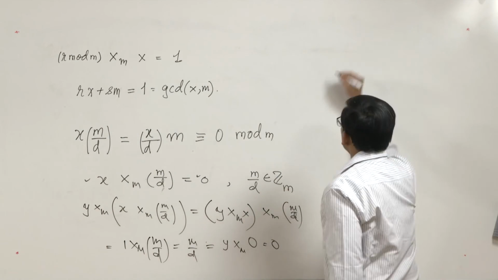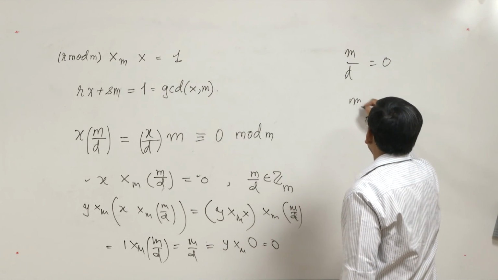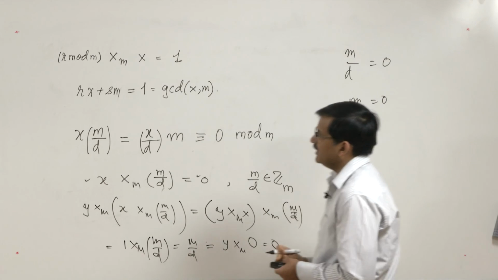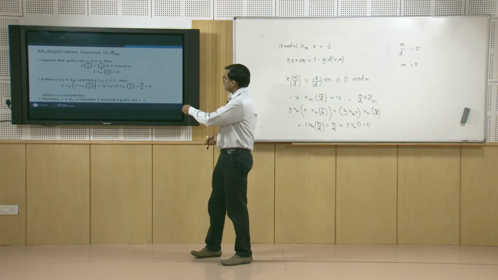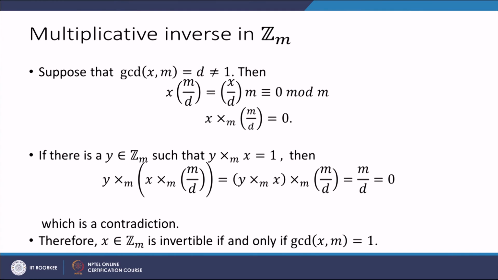This forces m by d to be equal to 0, but this is possible only if m equal to 0. So, if I multiply both sides by y, then one use of associative law gives me m by d equal to 0, which is a contradiction.